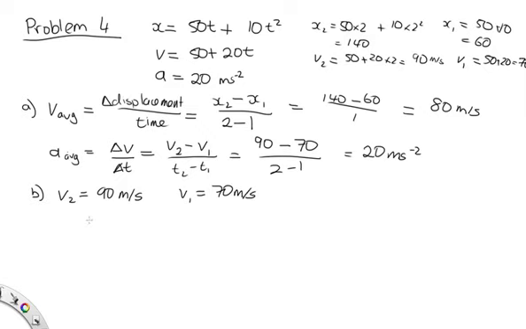Now, to find the instantaneous acceleration, we just have to look at our acceleration formula. The acceleration is actually always constant. It's always equal to 20, so it doesn't matter about the time. So we've got the acceleration at time 2 is 20 meters per second squared, and the acceleration at time 1 is equal to 20 meters per second squared.